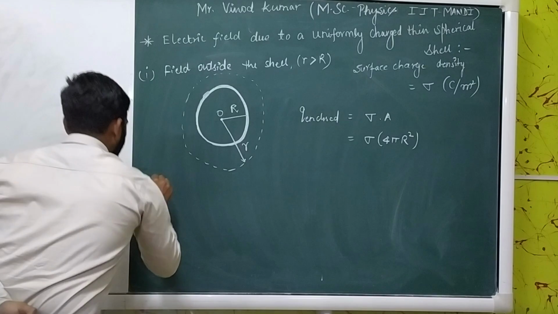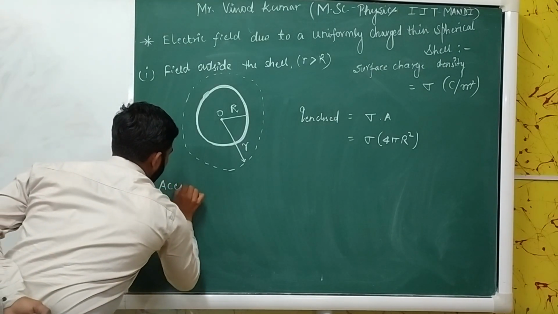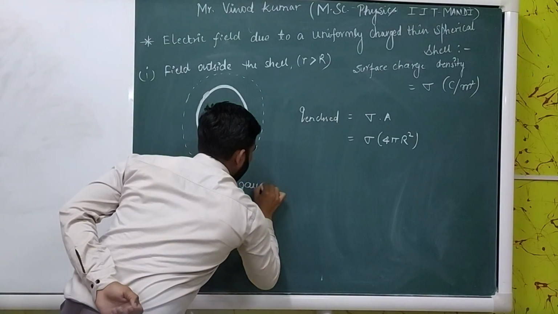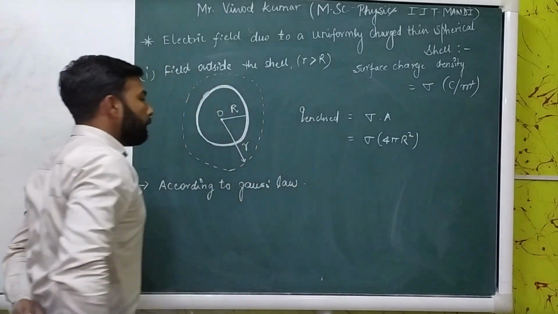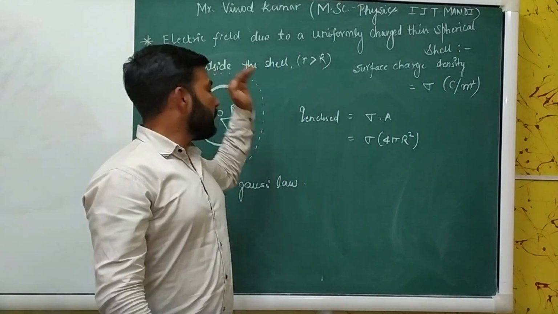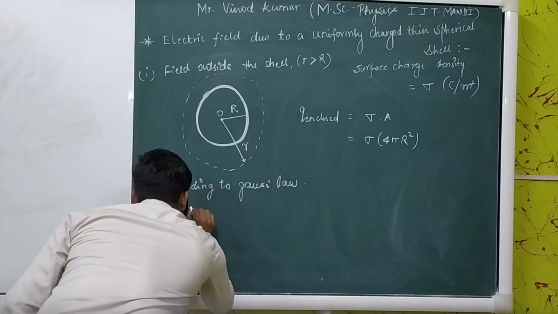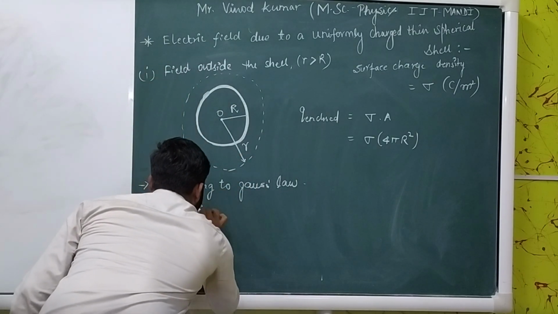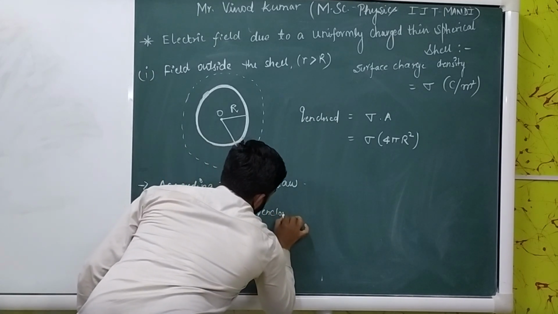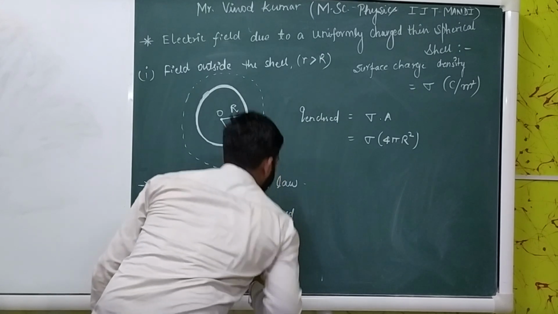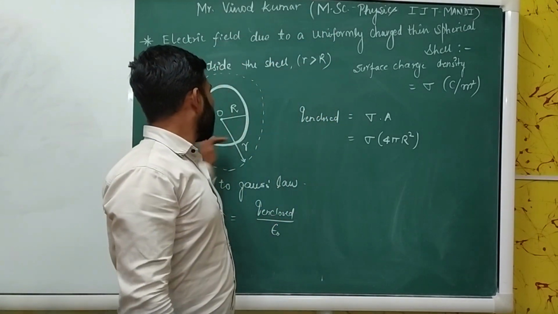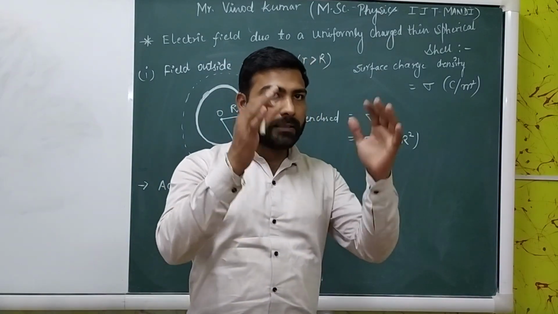Okay, now according to Gauss law, the electric flux passing through this outer Gaussian surface will be written as closed integral of E vector dot ds vector equals Q enclosed by epsilon naught, where epsilon naught is the permittivity of free space and Q enclosed is the charge enclosed inside the outer Gaussian surface.